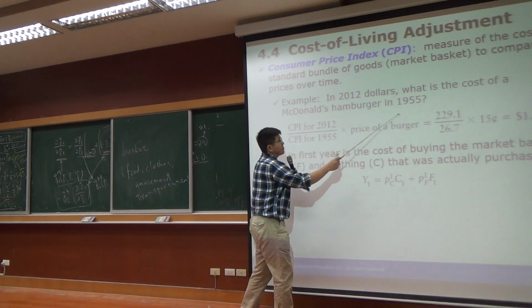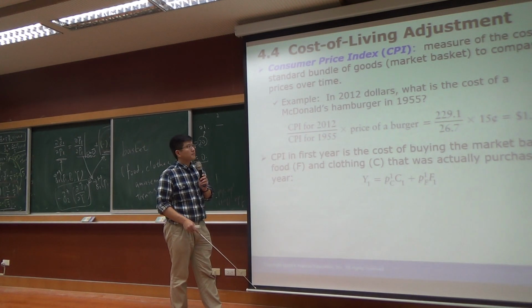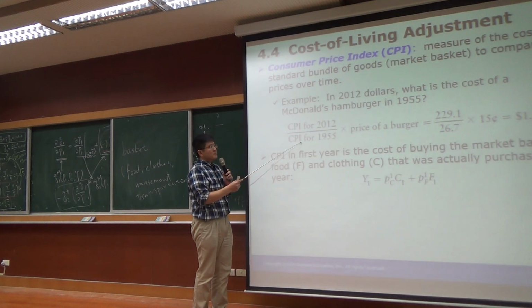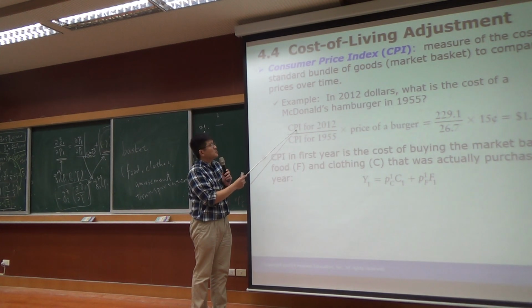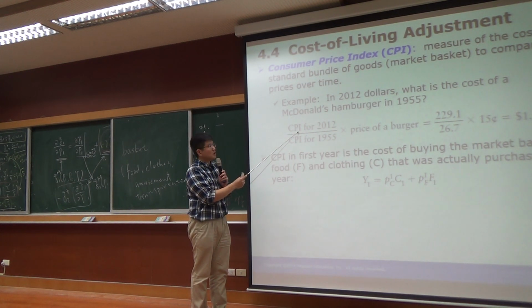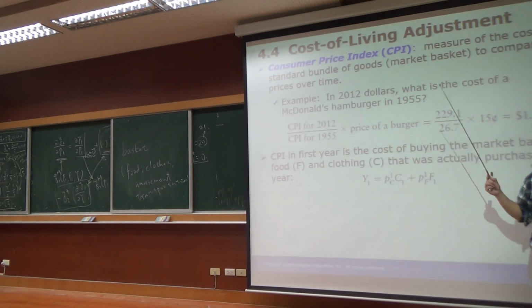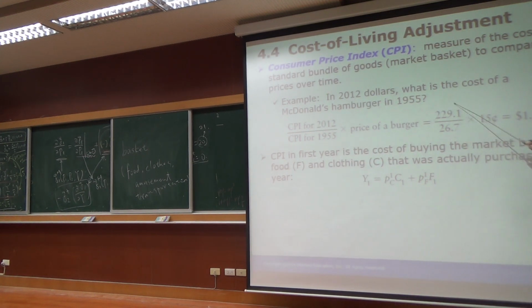The price of a burger at that time in 1955, divided by the CPI for 1955 and times the CPI for 2012, would be the price nowadays. Say a McDonald's burger cost you 15 cents, but you need to do some adjustment by the CPI.